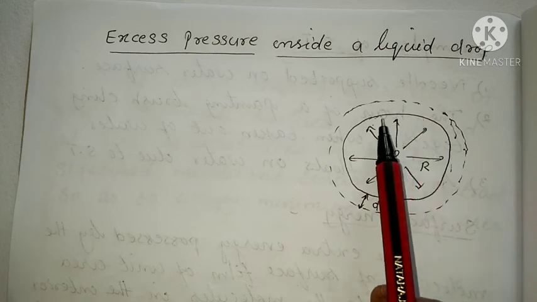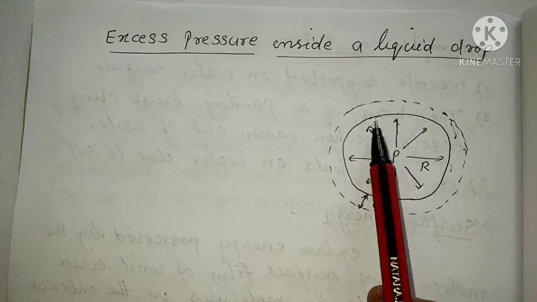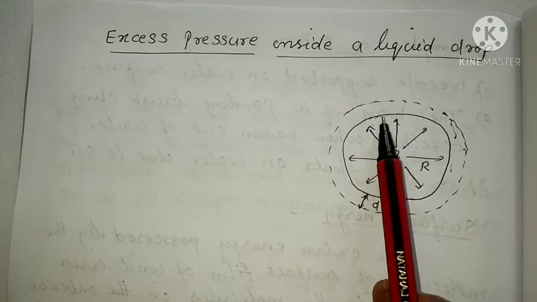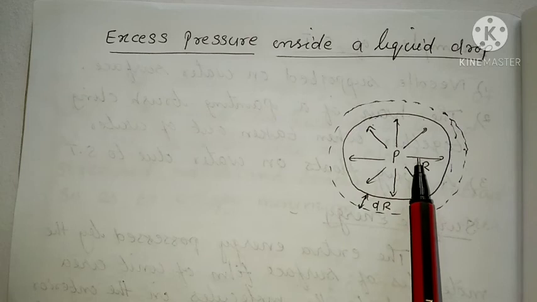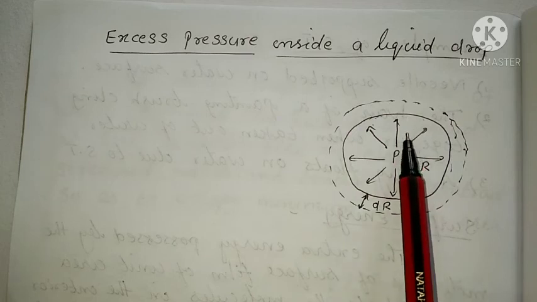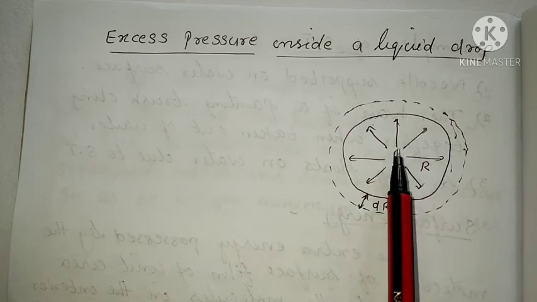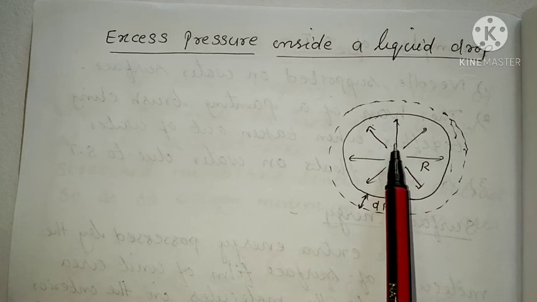At that time the molecules attract each other and try to close, and because of that they press together and contract. Because of this, the pressure inside the liquid drop increases.